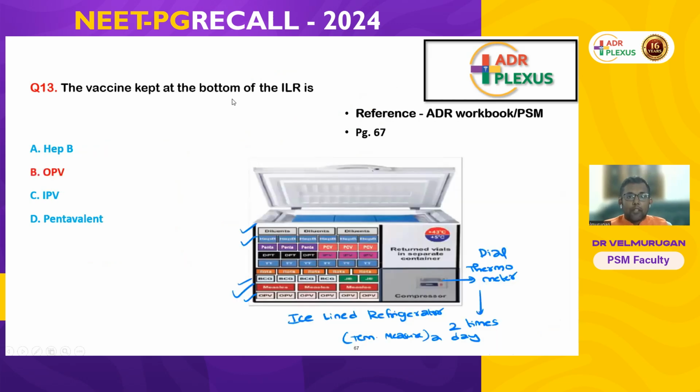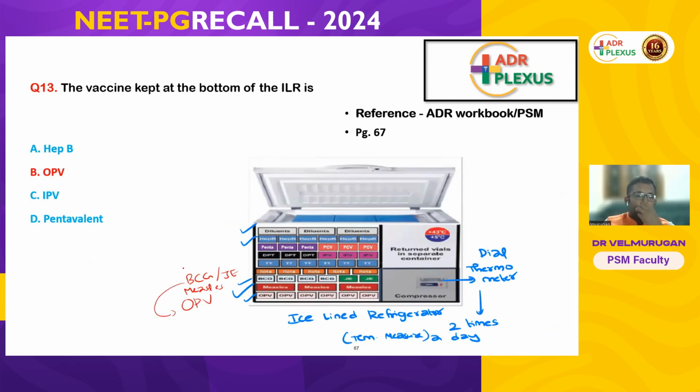The vaccine kept at the bottom of the ILR. So you can see the ILR. What is the arrangement? First OPV, measles, then we have BCG, then we have JE here. If it is a reconstituted BCG, you can keep it here.